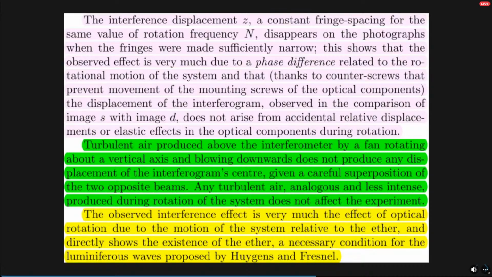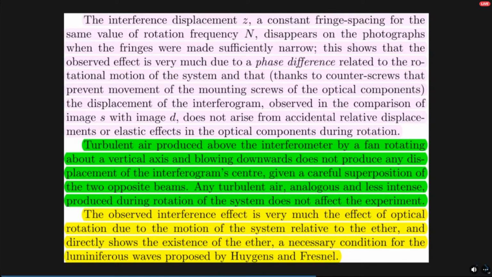Turbulent air produced by the interferometer, by a fan rotating on a vertical axis and blowing downwards, does not seem to produce any displacement of the interferogram's center, given a careful superposition of the 2 opposite beams. Any turbulent airflow analogous to, and less intense than, that producing the rotation effect does not affect the experiment.